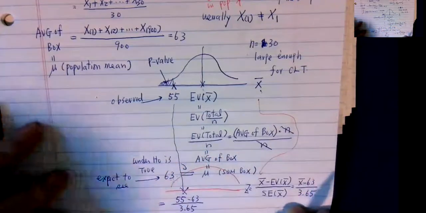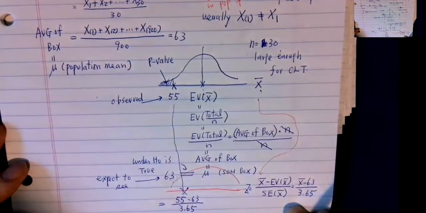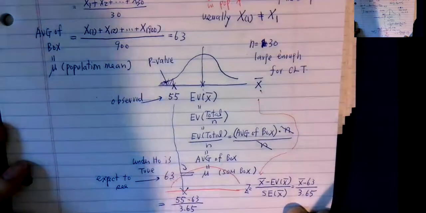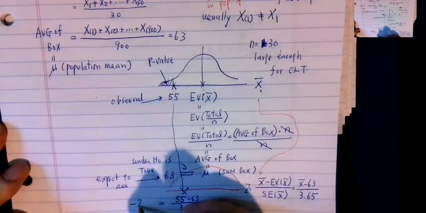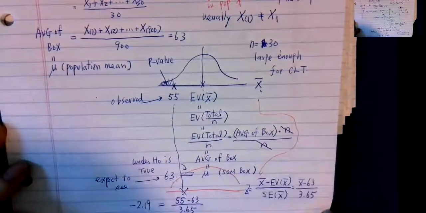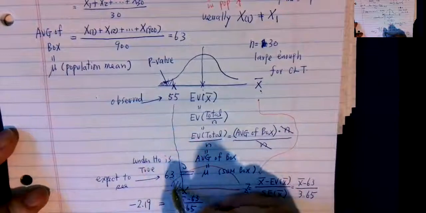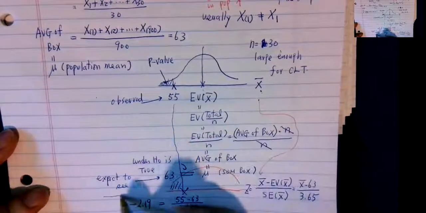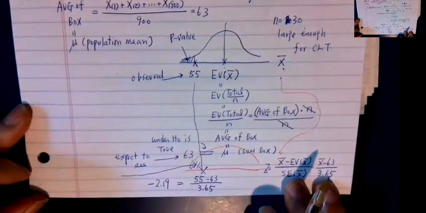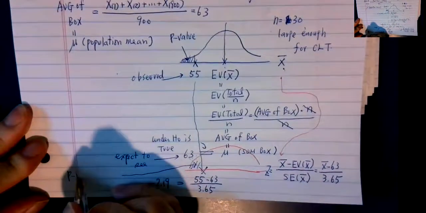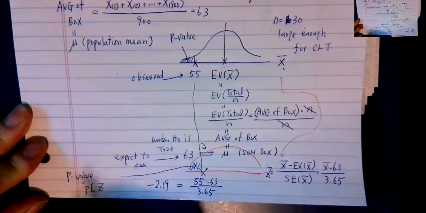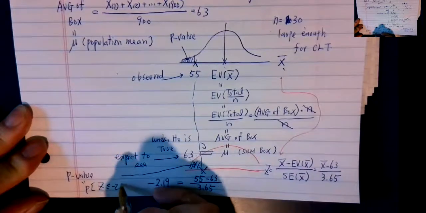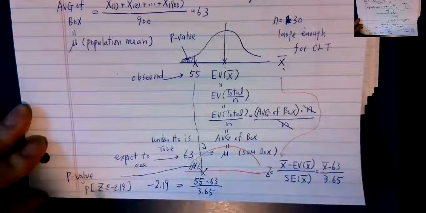What is this number? It should be negative 2.19. Good, that's what I remember. This answer is right. So what is the shaded area here? This is my p-value. My p-value is the probability that the Z score is less than or equal to negative 2.19. You want to copy? Go ahead.